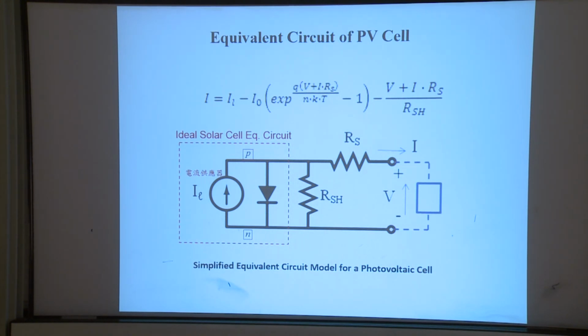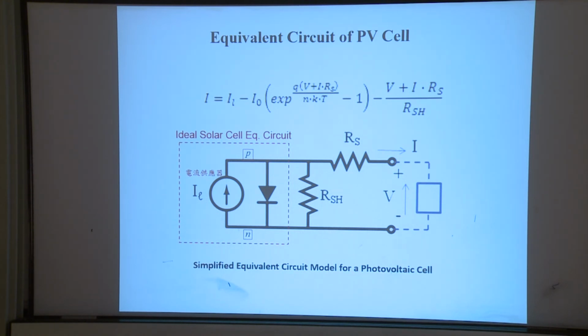Okay, so more frequently we are using an even more detailed equivalent circuit to describe the solar cell. Since it's a diode, it should consist of a diode. And since it is illuminated, its behavior is not only a diode, but also a current generator.